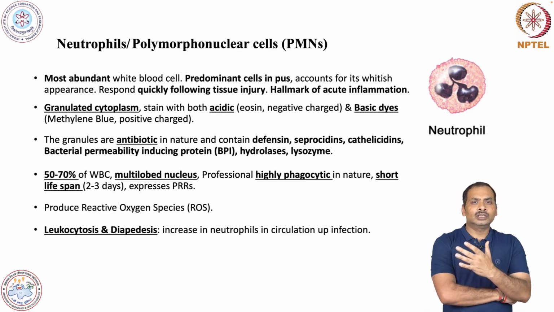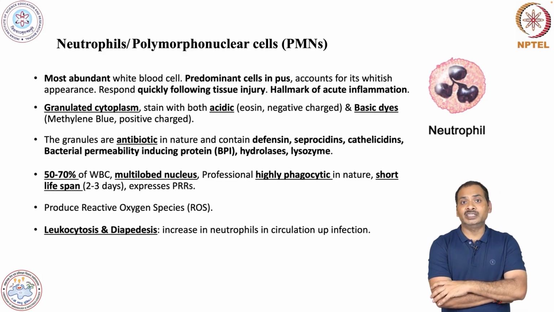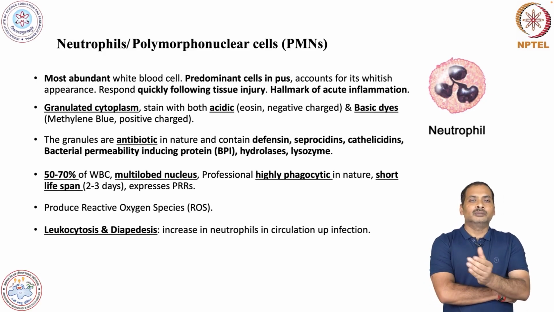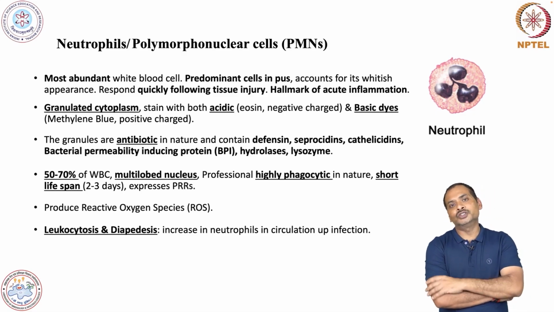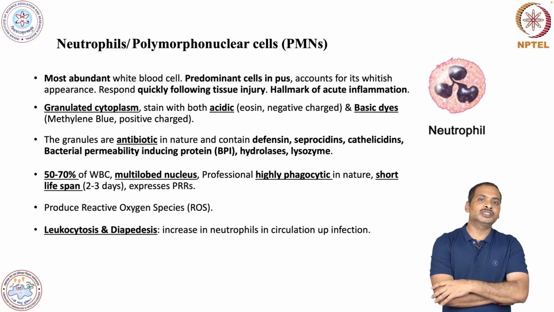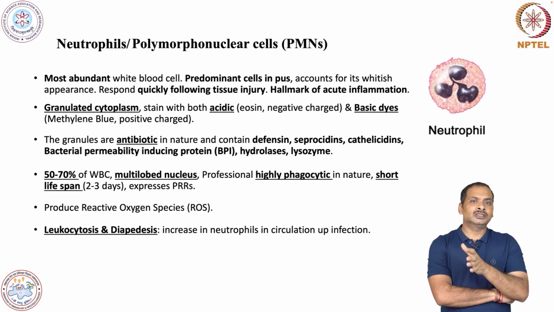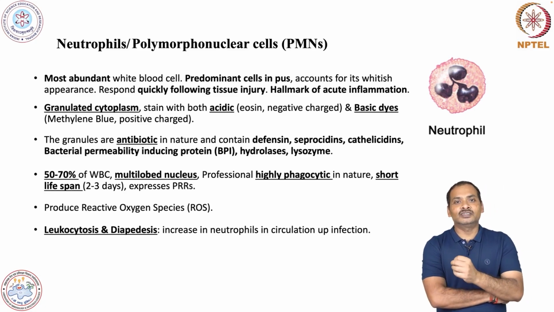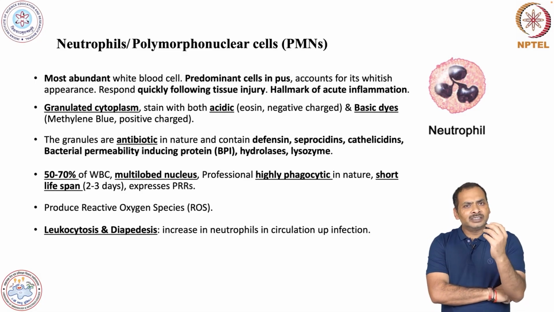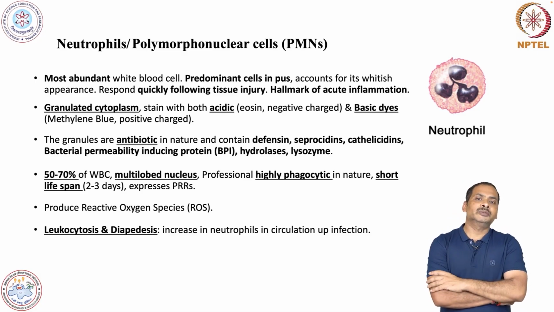Neutrophils show two unique properties, that is leukocytosis and diapedesis. Okay. Basically, leukocytosis is the increase in the number of neutrophils in the circulation upon infection. Okay. This is the meaning of leukocytosis. Diapedesis is quite an interesting phenomenon, and it is not true only for neutrophils, it is true for various immune cells.